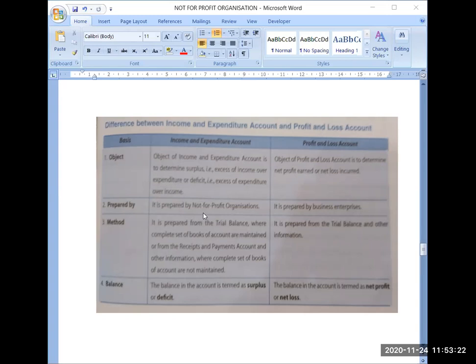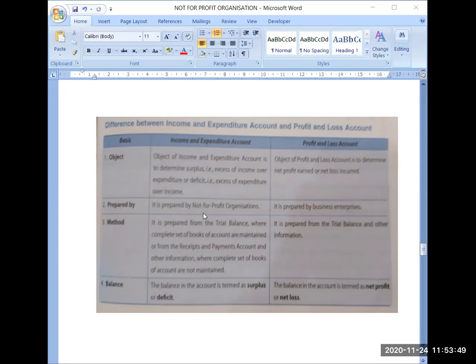Then third one is method. It can be prepared from the trial balance, but it is mainly prepared with the help of receipt and payment account. As I have told you yesterday also, in our questions mainly the base will be the receipt and payment account. On the basis of that, we will be preparing our income and expenditure account and balance sheet, because receipt and payment account is recording both types of receipts, capital receipts as well as revenue receipts.